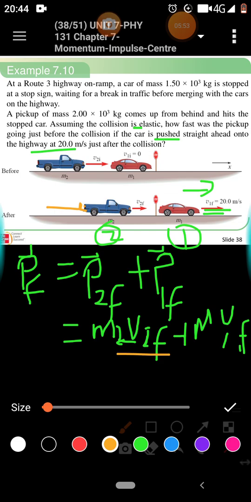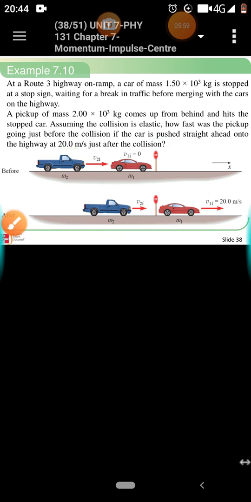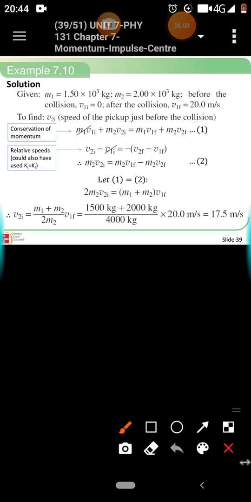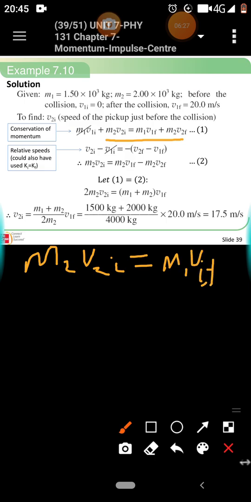So this is the equation that we will have: m2 v2 initial equals m1 v1 final plus m2 v2 final.